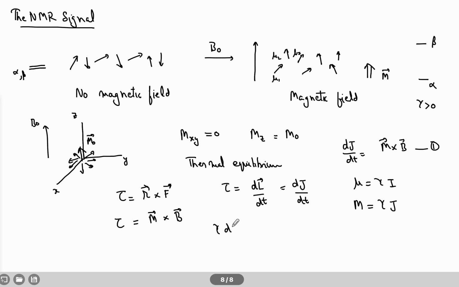Gamma dJ by dt is equal to M cross gamma B. I can always write this as, gamma can be taken inside the derivative because it is a constant, so I can write this as dM by dt, and this thing is M cross gamma B, right? So gamma can be taken out, and this is M cross B.